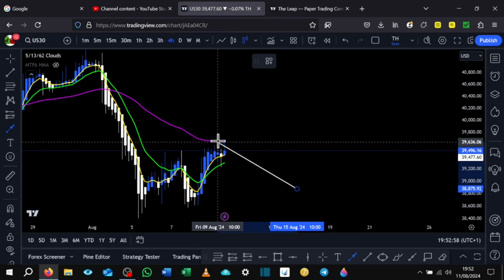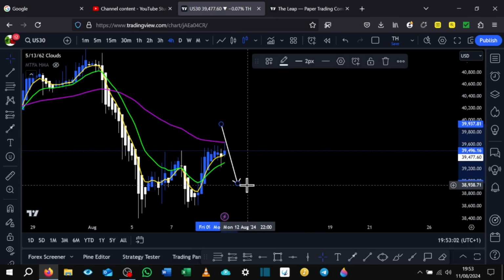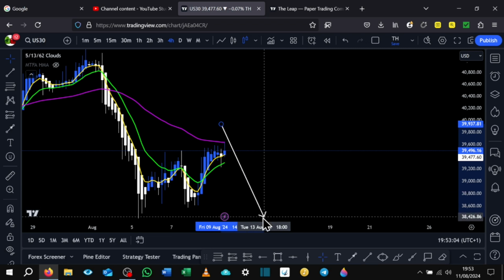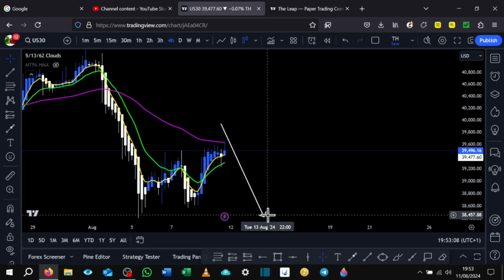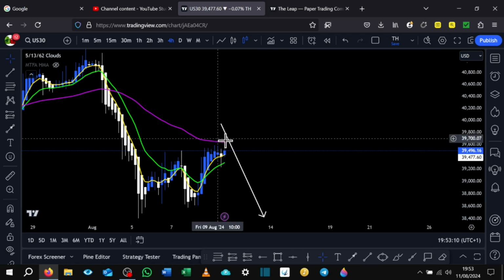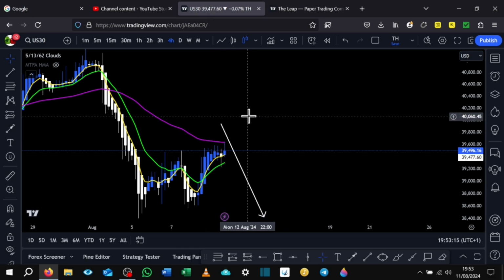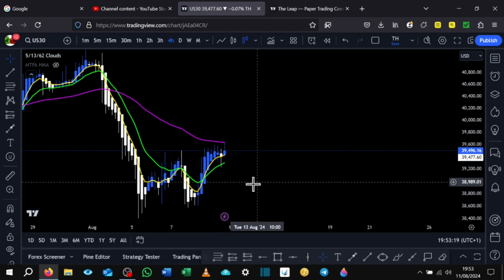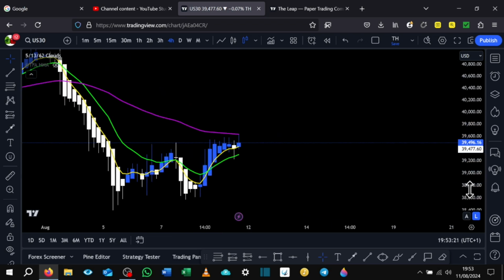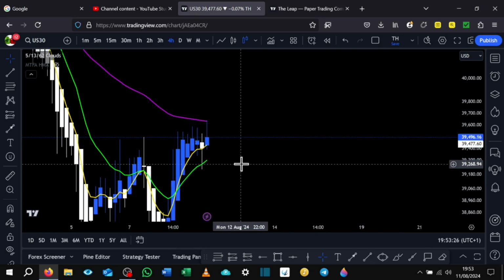So what it could do is react off this and then continue down like this, just by hitting the 62 EMA and then continuing down. So this could potentially be a good sell-off. It could also carry on bullish. So to play it safe, I mean, there's 2 ways you could do this.